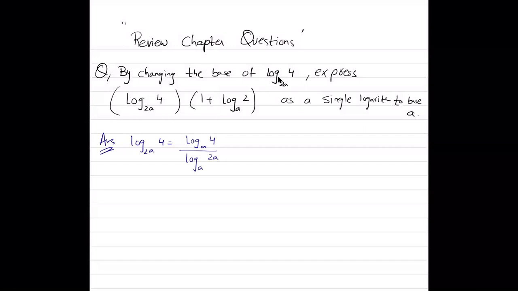Now, if you remember the product rule, this is a product of 2 times a. So it can be simplified as log of base a of 2 plus log of base a of a. So this is going to give me log to the base a of 4 divided by log a of a, which is 1, plus log a of 2.